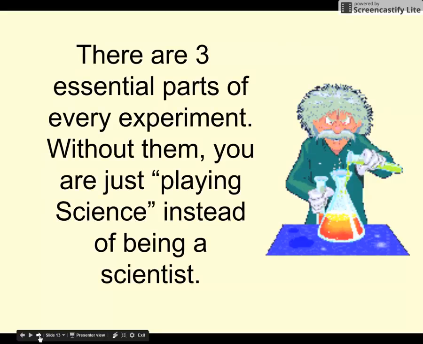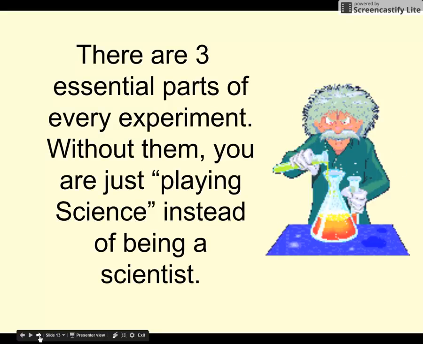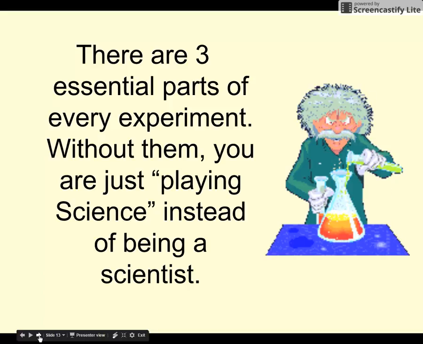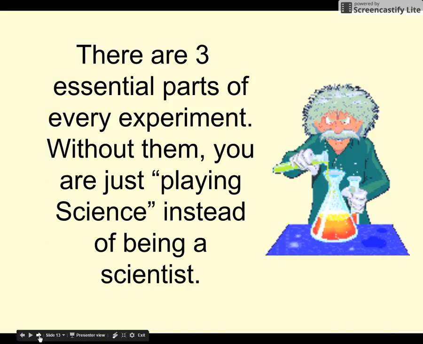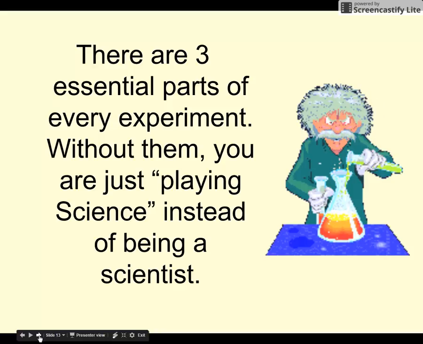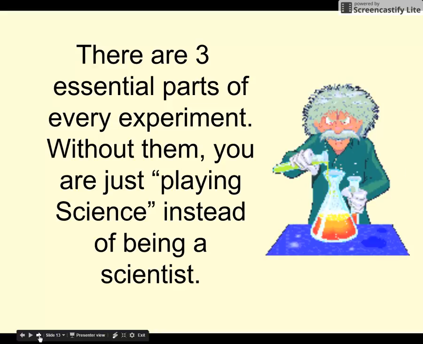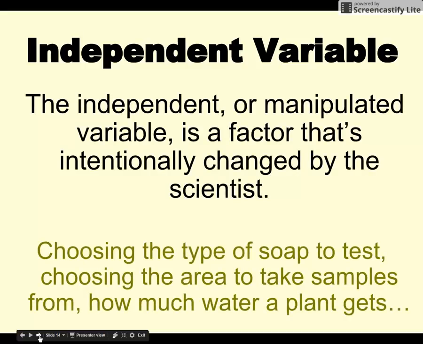Now, the last part of the process of science are three really essential parts that sometimes can get a little confusing. So we're going to spend some more time practicing and learning about them. The independent variable. The independent or manipulated variable is a factor that's intentionally changed by the scientist.